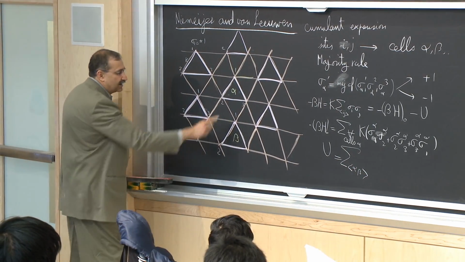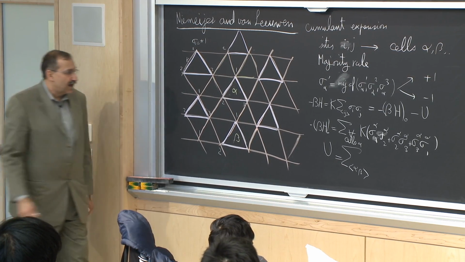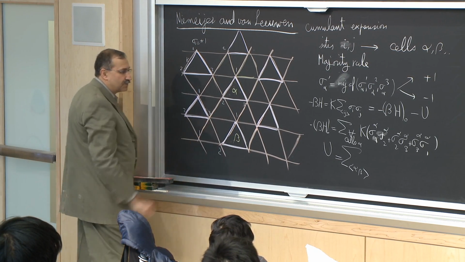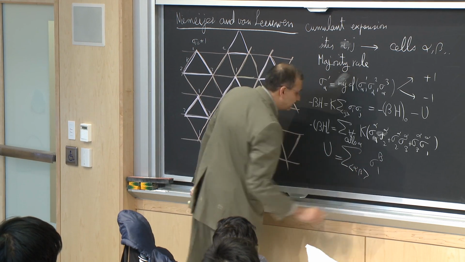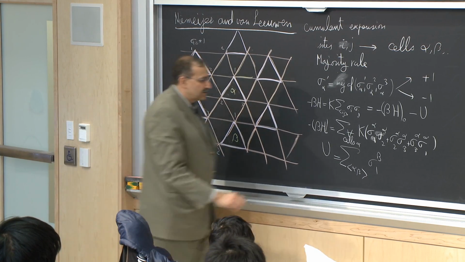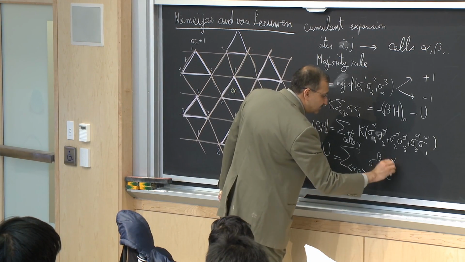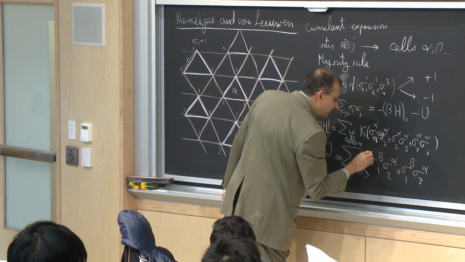So the things that I left out, let's say interactions between this cell alpha and beta, involve, let's say, the spin number 1 in this labeling of beta times spin number 2 of alpha and spin number 3 of alpha.